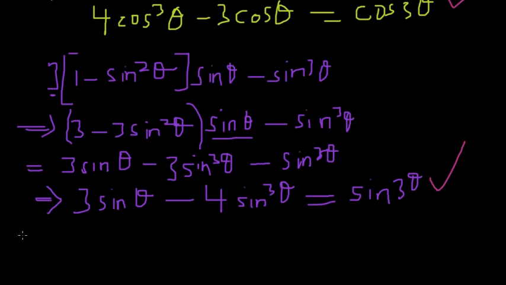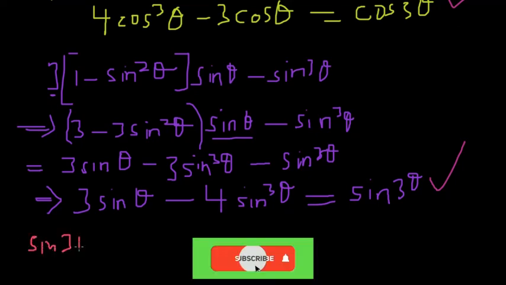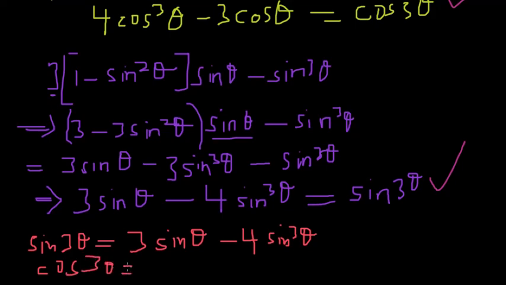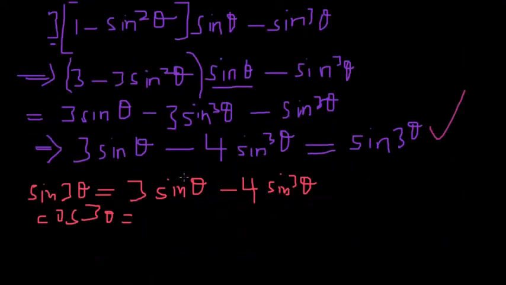So sine 3 theta will give us 3 sine theta minus 4 sine cubed theta, and then cos 3 theta will also give us the expression up there.